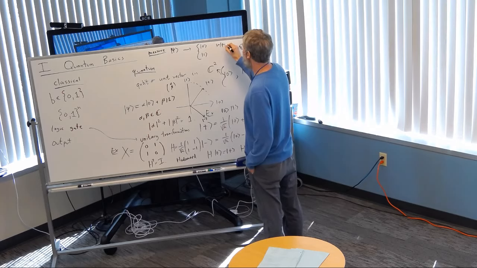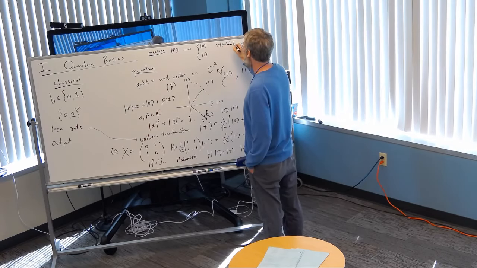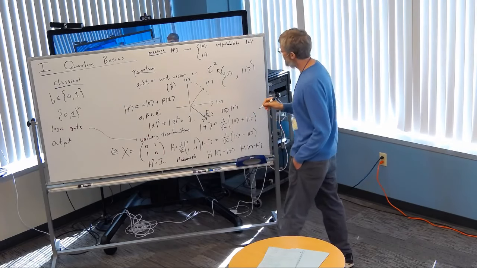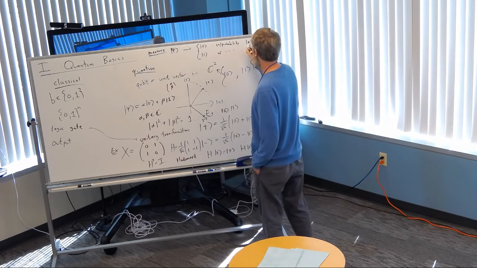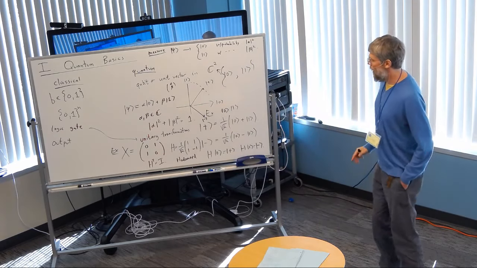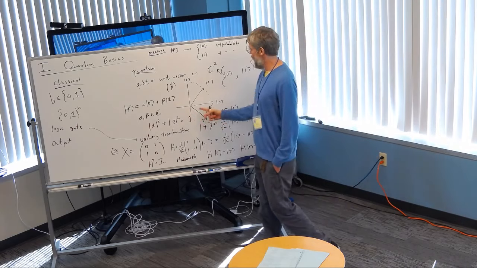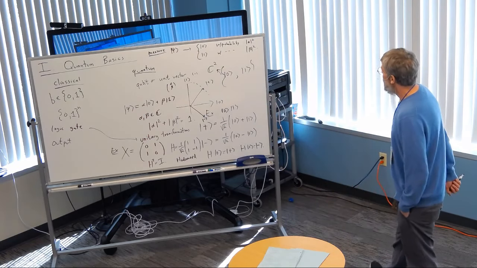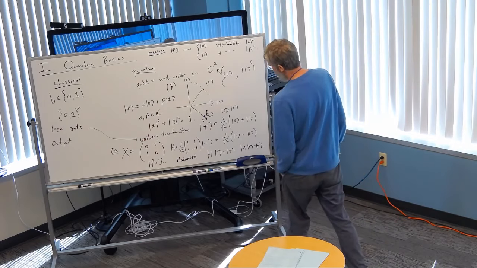So with probability norm alpha squared, and this is with probability norm beta squared. And because of this identity, one of those things will happen.